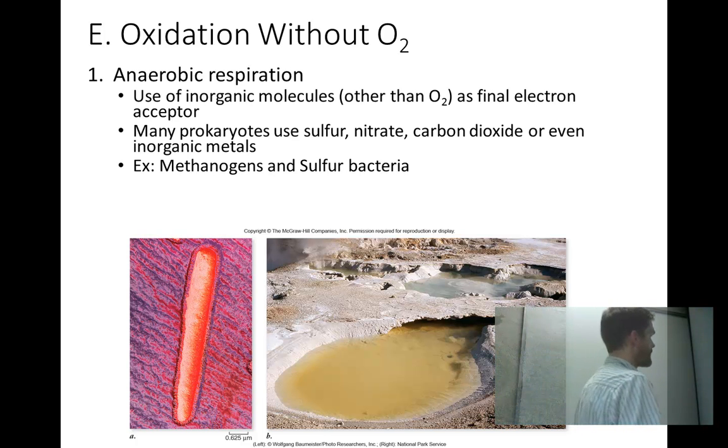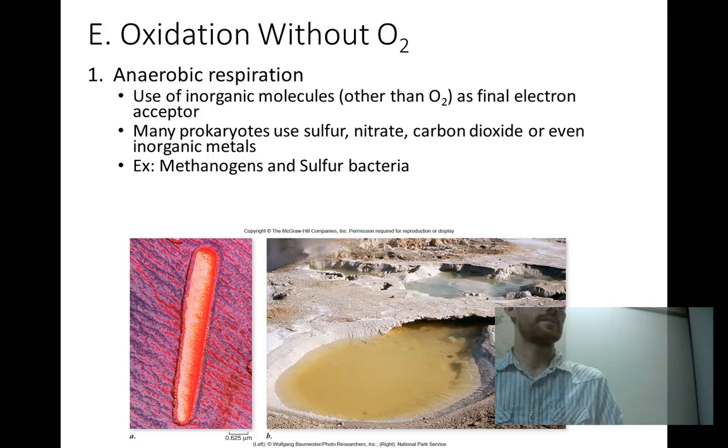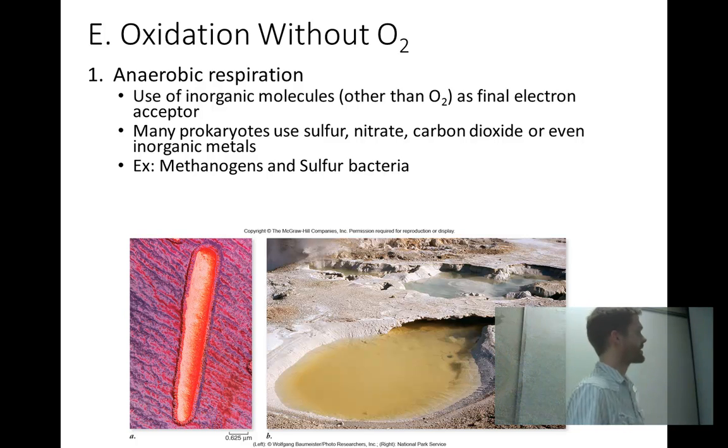Okay, I mentioned this before, but sometimes you can have respiration without oxygen, and an anaerobic or an inorganic molecule will be used as the final electron acceptor. Some prokaryotes use sulfur, nitrate, and carbon dioxide.